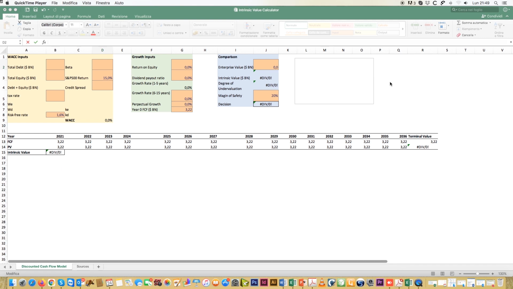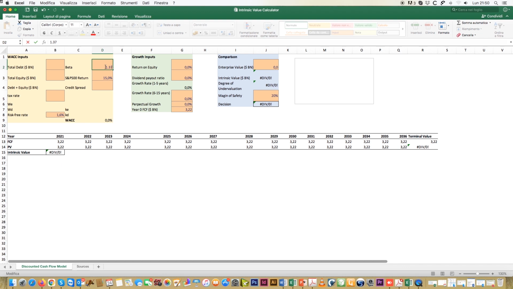So let's start to compose this model. First of all, we're going to put the beta of Nvidia compared to the S&P 500. If you don't know, the beta tells us a bit more about the swings of the stock and the volatility.